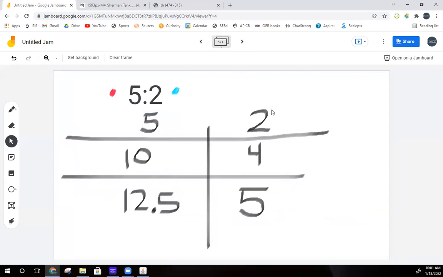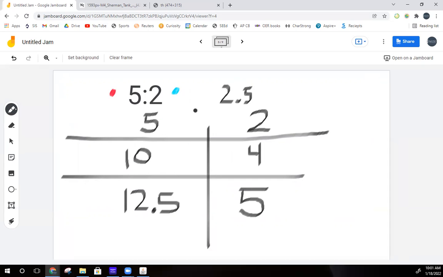Now, here's a couple of examples. If we have this ratio 5 to 2, so 5 strawberries for every 2 blueberries, that means that our ratio factor is 2.5.